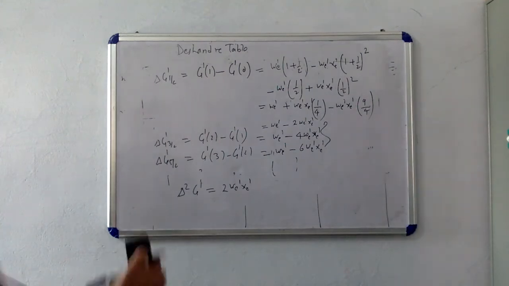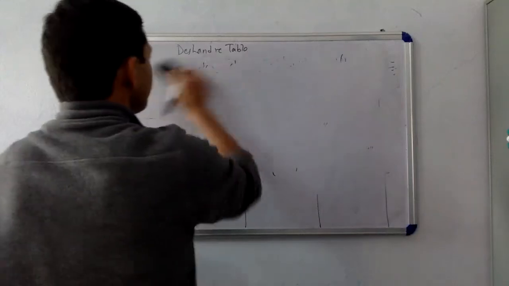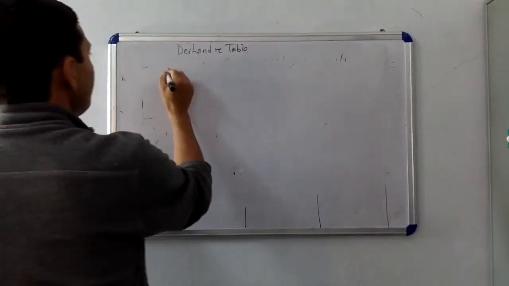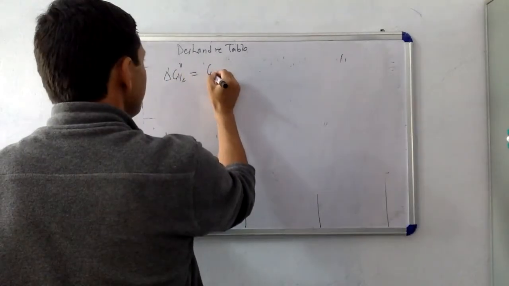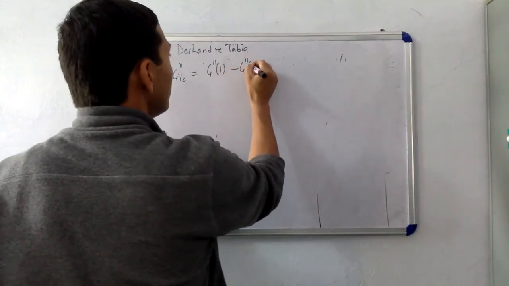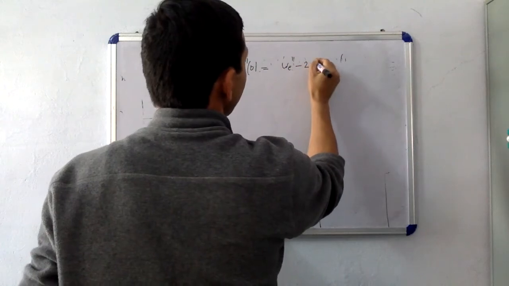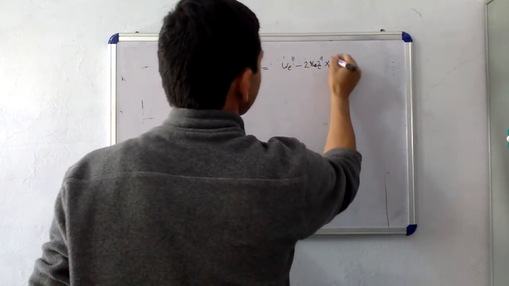And similarly, once we take the successive columns, delta G of 1/2 double prime is equal to G double prime of 1 minus G double prime of 0, which is omega e double prime minus 2 omega e double prime x e double prime.